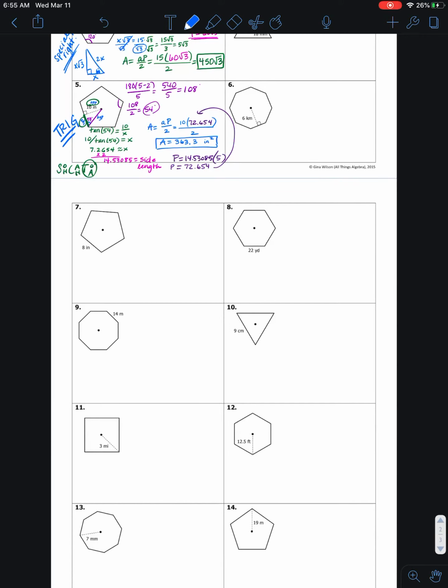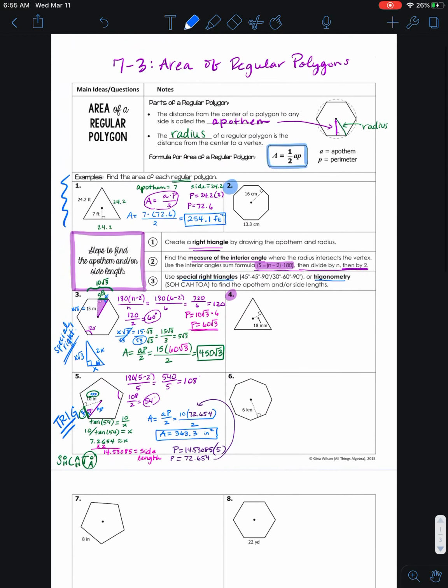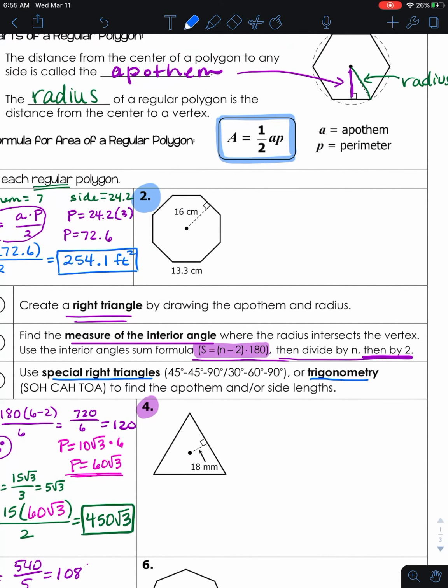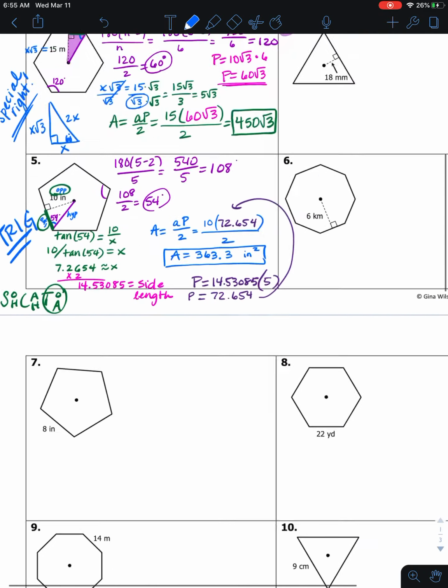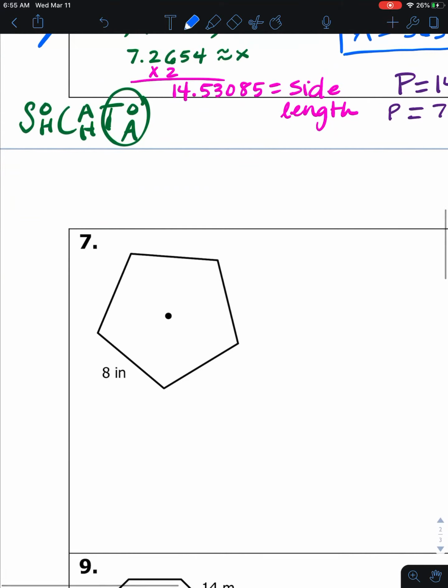Last but not least, if you forget the formula, you shouldn't, but if you do, remember we can always divide it into other shapes. For example here, I can make this a composite figure by dividing this into a bunch of triangles. So if I calculate the area of this triangle, which is 1/2 base times height, then you just need to multiply it by however many triangles you can create.